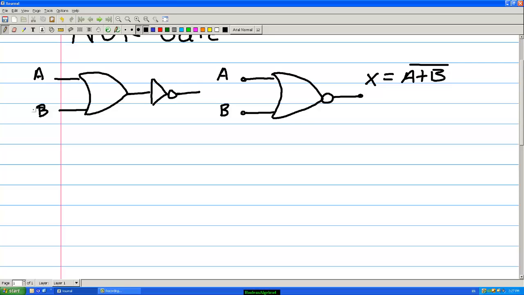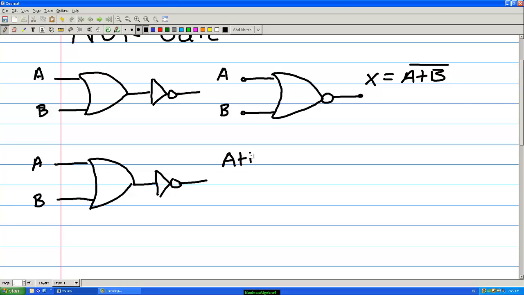So if we have an OR gate followed by an inverter, we have A and B. We see that A or B NOT describes the output X, and we've defined that as a new logic gate, a NOR gate.